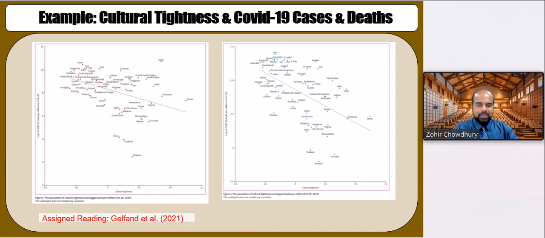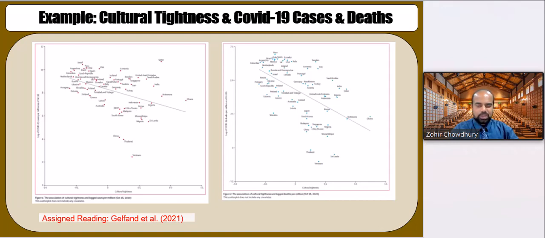Another assigned reading is the Gelfand et al. 2021 study. And this study also applies this Hofstede cultural framework. And it looked at cultural tightness and defined cultural tightness by using the parameters, the dimensions mentioned by Hofstede.